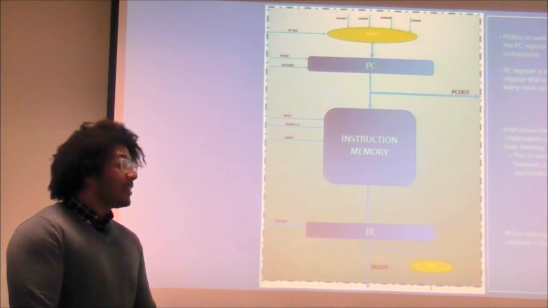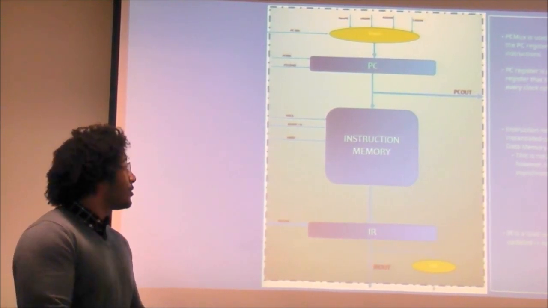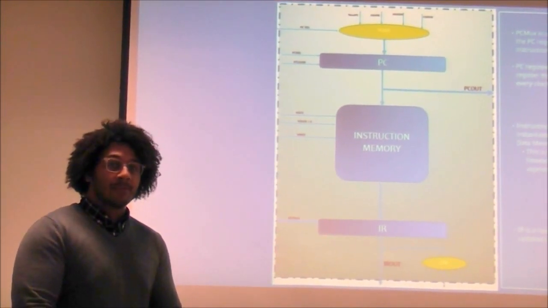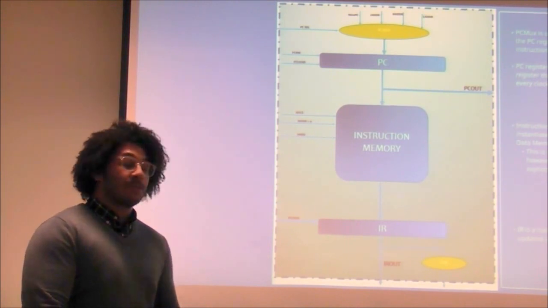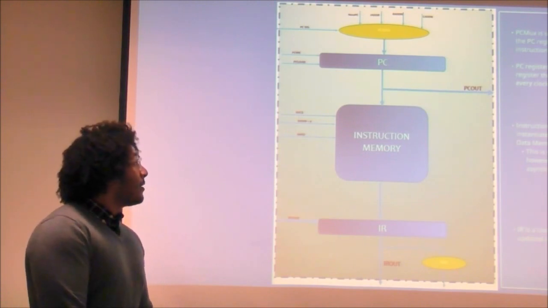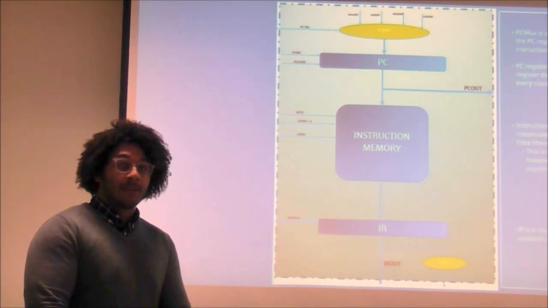The instruction memory is only a read. We cannot write to it. That's why we have our instruction write strobe set to 0 at all times. And we have a chip select and an instruction read strobe so that we can actually read the contents of it. The PC out is coming from the PC register, which is also a loadable register.